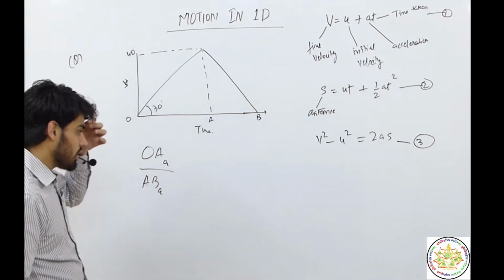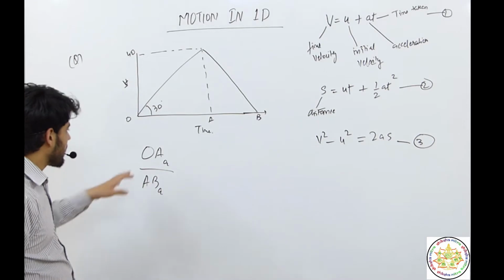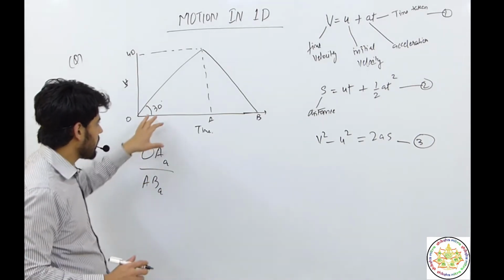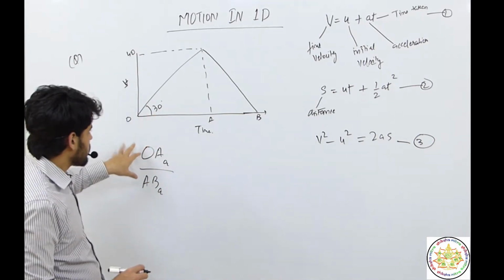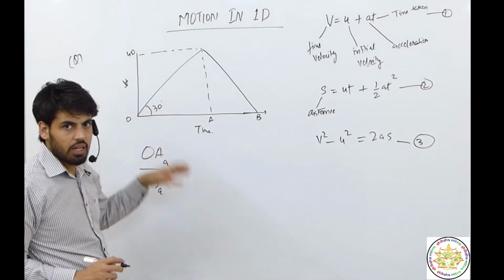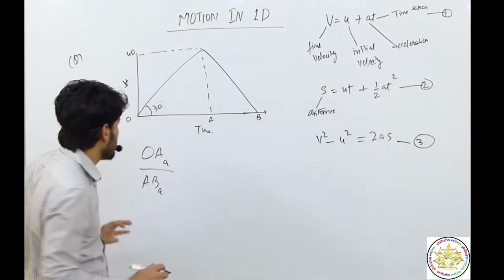Acceleration you can directly find if theta is given. Acceleration is given by tan theta of that particular motion.